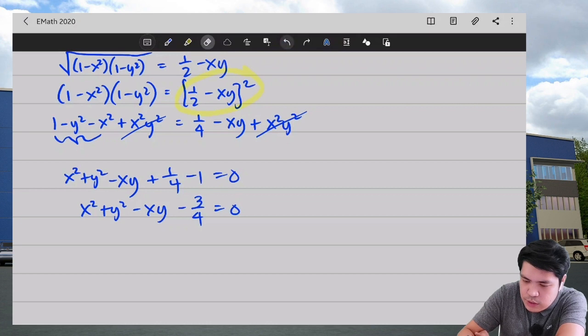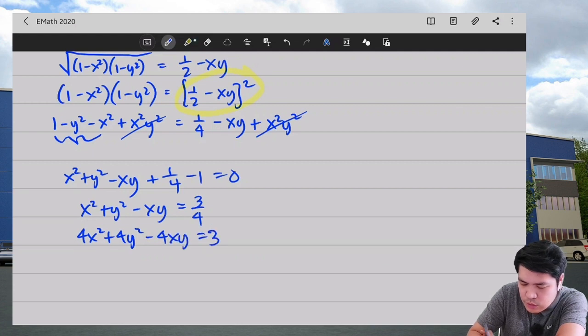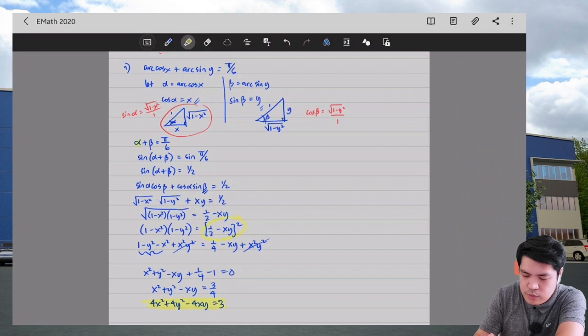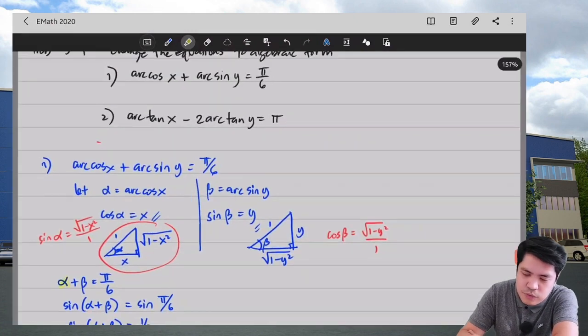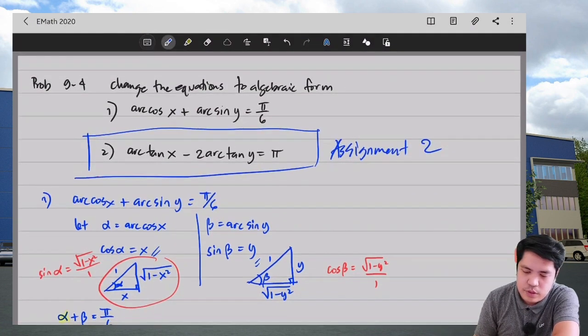Equal to 3/4 na lang to dito. Then multiply all terms by 4. So we'll have 4x squared plus 4y squared minus 4xy equal to 3. So this would be our answer, the algebraic form of the equation. Very, very easy. So what I want you to do again is to solve for number 2. This is your second assignment. Change the equation into algebraic form.